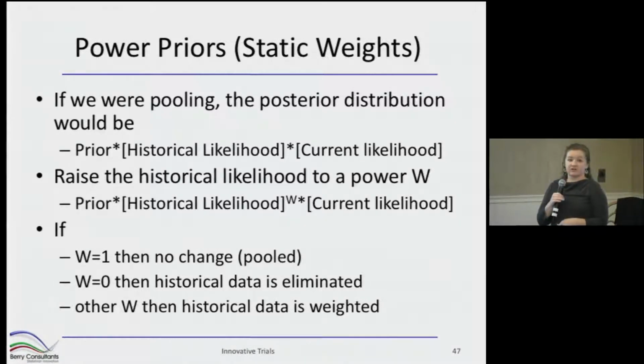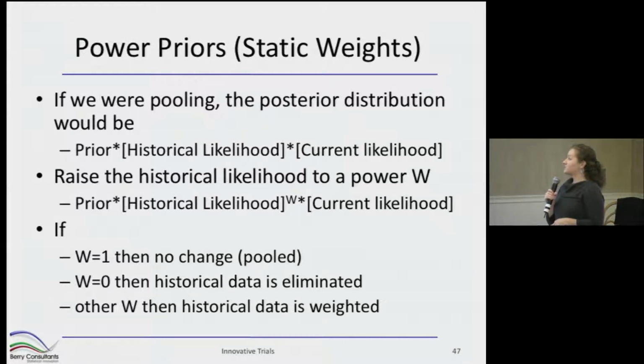For our statisticians in the room, the way that we handle this in Bayesian methods is what's called a power prior. If we were pooling the data together, that historical data essentially just gets treated like it comes from the current trial. So we take our prior times our historical likelihood times our current likelihood.